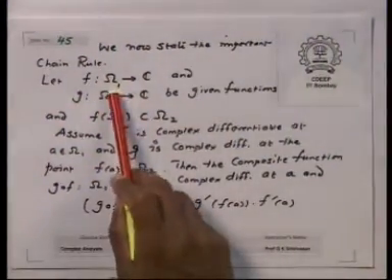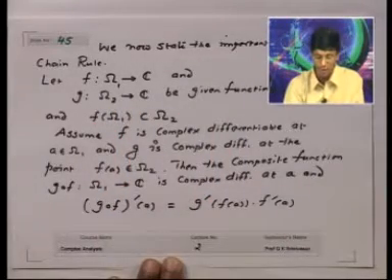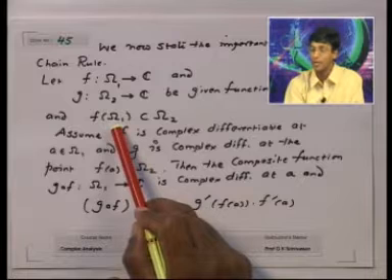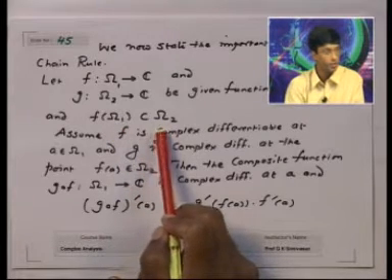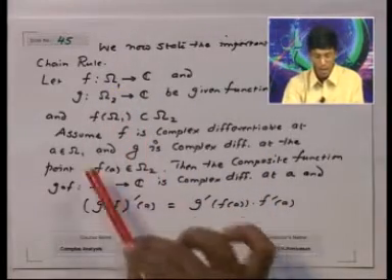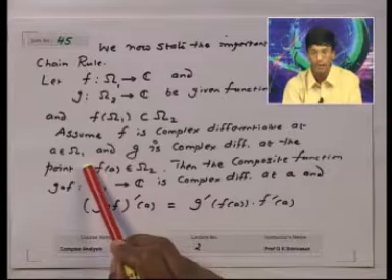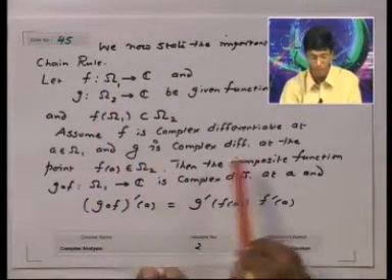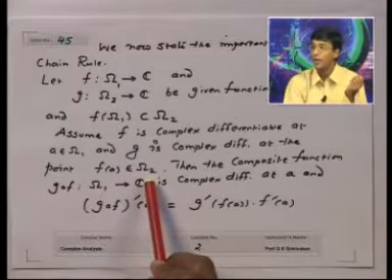Let f from omega 1 to C, g from omega 2 to C be given functions such that the range of the function f is contained in the domain of the function g, so that the composite function is well defined. Assume f is complex differentiable at a coming from omega 1 and g is complex differentiable at the point f of a coming from omega 2.